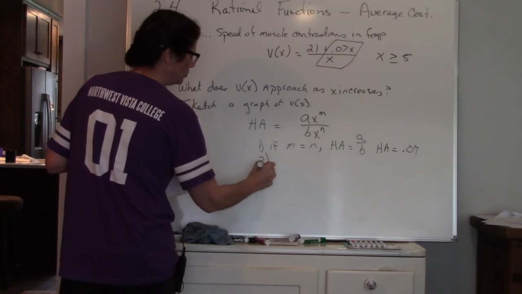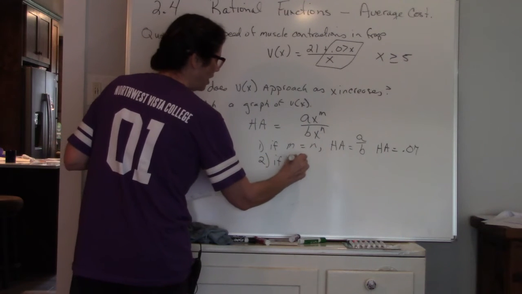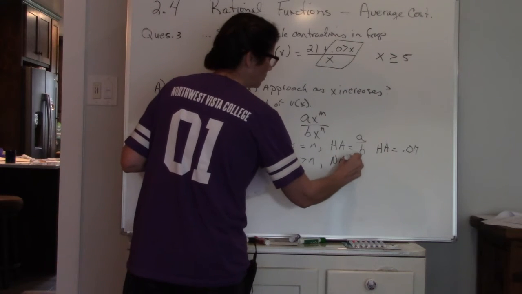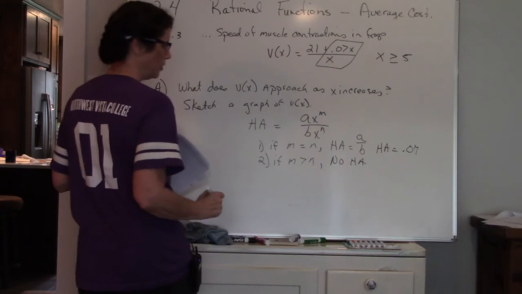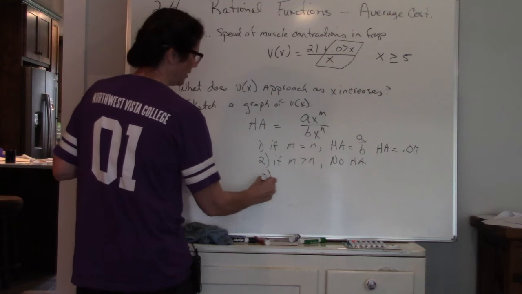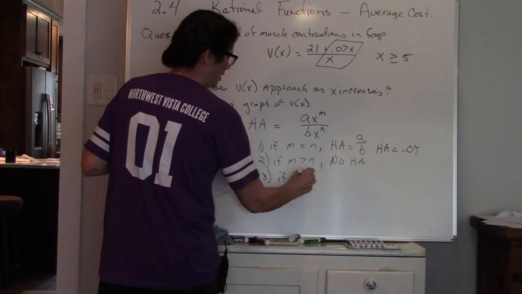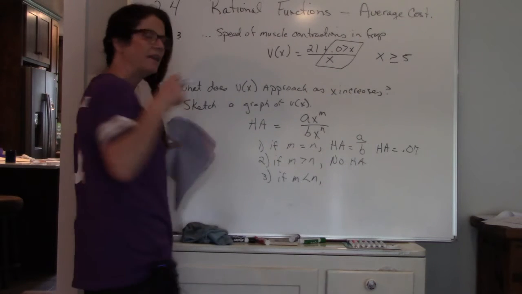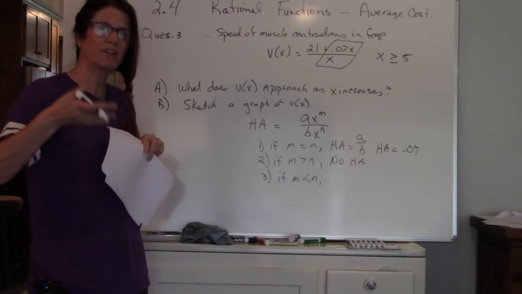The second rule is if the top is greater than the bottom, then there is no horizontal asymptote, so you don't have to worry about that. And the third one is if the top is less than the bottom. When I'm talking about this, I'm talking about the exponents.